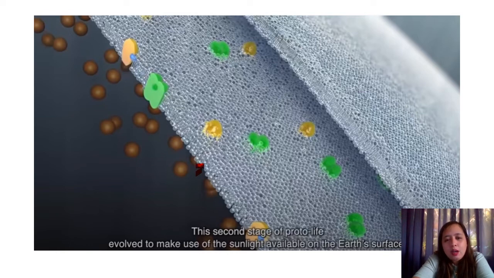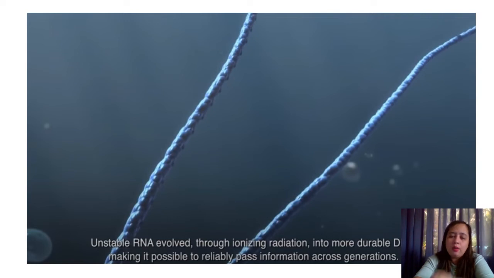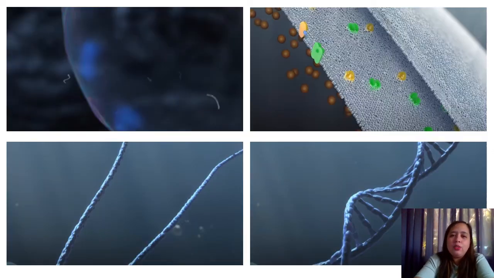Yung ating mga water-loving part, tapos yung ating mga takot sa tubig. Na-enclose niya ngayon yung mga ibang monomers. And within that, pwede rin na mabuo ngayon yung ating, from unstable RNA, nagkakaroon ngayon tayo ng DNA. Papasok din siya dun sa nabubuong cellular membrane. So, continuous ang cycle.